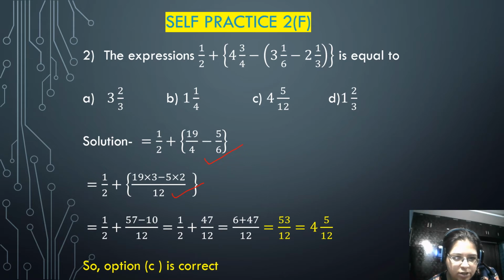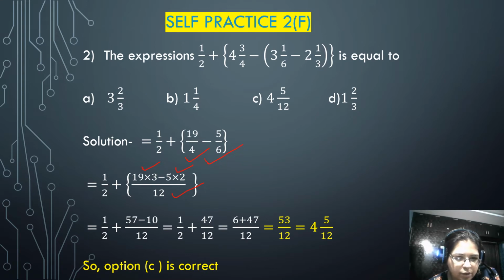Now divide the LCM 12 with the denominator of the first fraction 19 divided by 4. 12 divided by 4 is 3. 3 multiplied with the numerator 19. 19 multiplied with 3 minus, now divide the LCM 12 with denominator 6. 12 divided by 6 is 2. 2 multiplied with the numerator 5. 2 multiplied with 5 divided by the LCM 12.